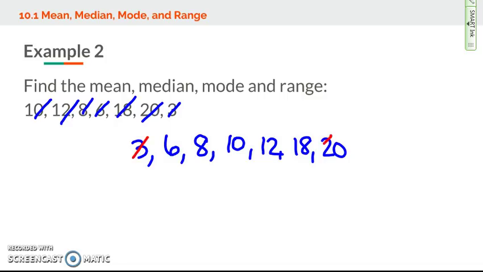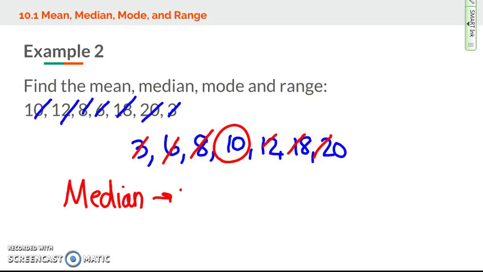So 3 and 20, 6 and 18, 8 and 12. All right, this time we have an odd number of numbers in our data set, so the middle number is our median there. So the median equals 10. All right, and make sure you're showing that list. I want to see the items crossed off, all that for the work for median.